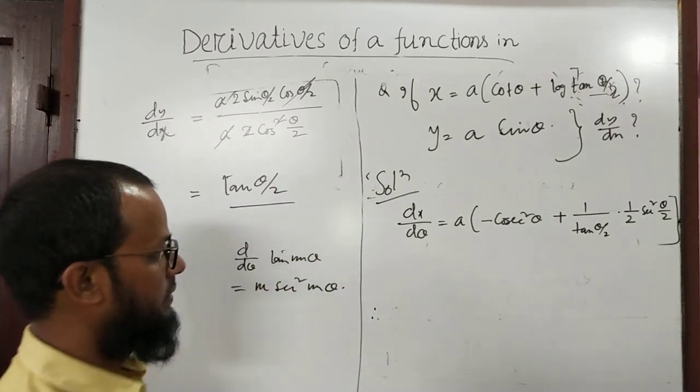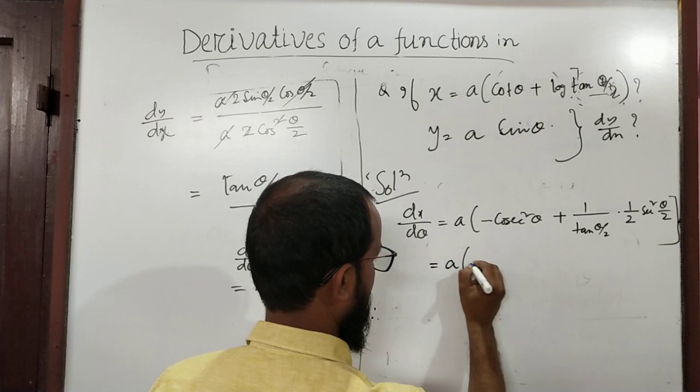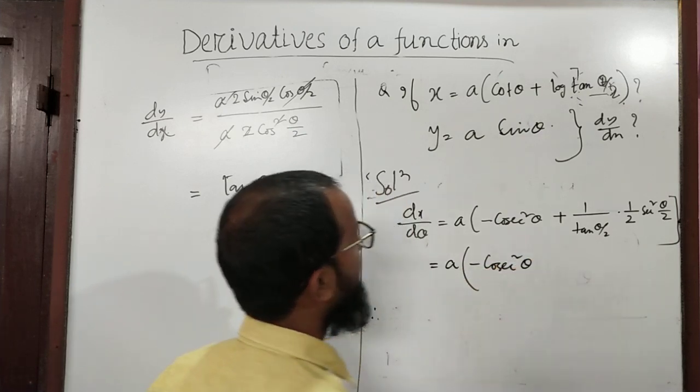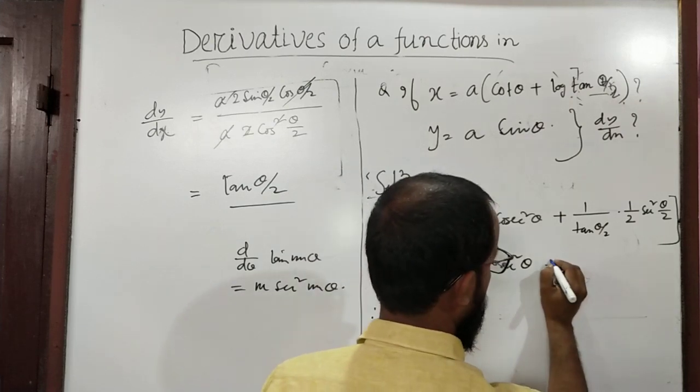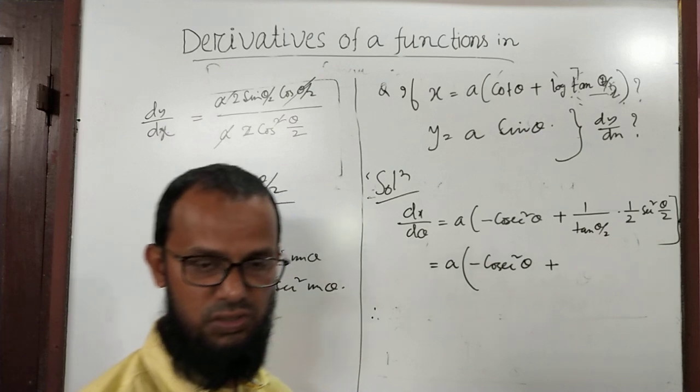Okay. Then if you make some calculation, you will get minus cosec square theta by 2 cos square theta plus 1 by tan theta by 2, which means cot theta by 2.